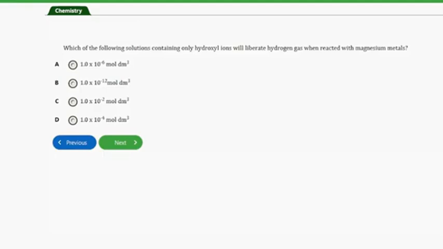Looking at this, we don't need to solve anything. Option B here is the correct answer, for the fact that this is 1.0 times 10 to the power of negative 12 moles per dm cube. So it will have an alkaline pH of 12, which means it's the only alkaline here, and that's the option that will liberate hydrogen gas when reacted with magnesium metal.